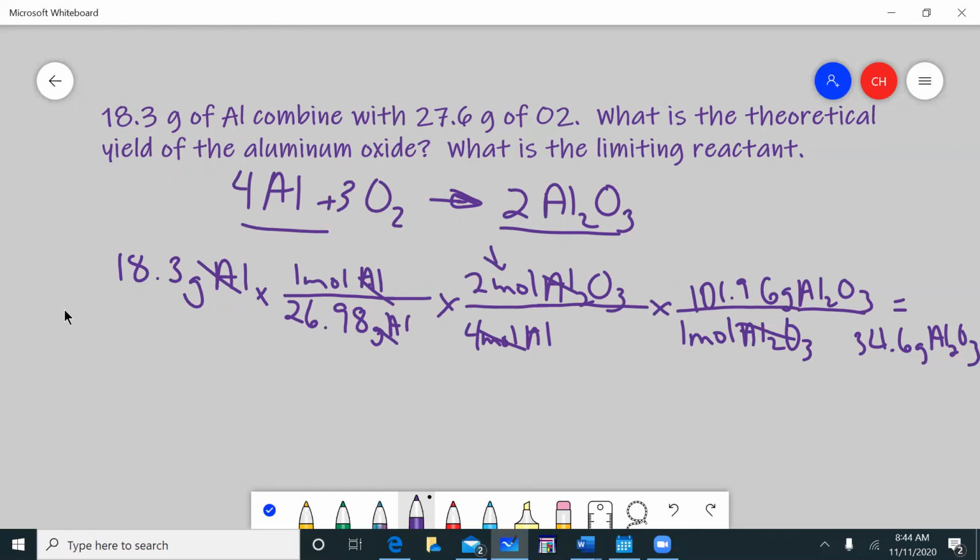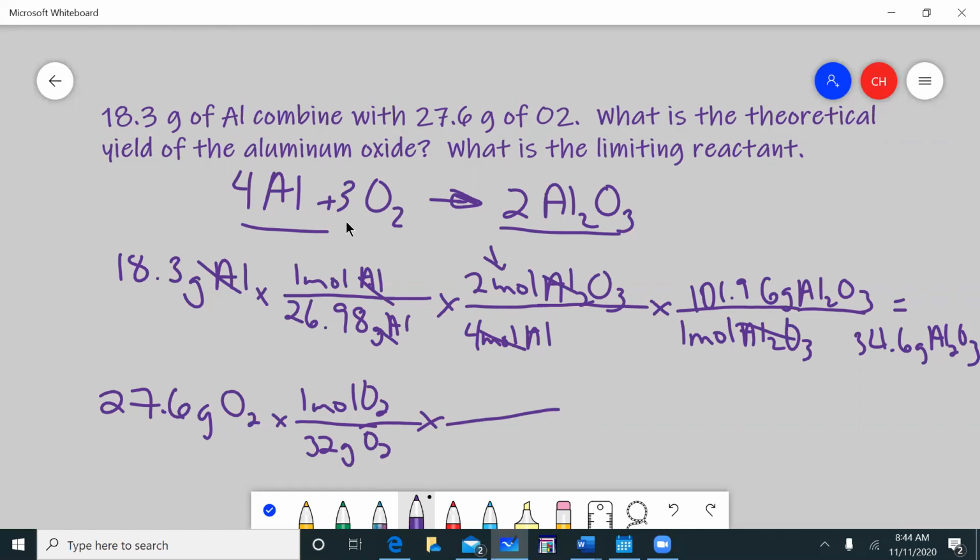You have to run through the same thing, but do it for oxygen. So 27.6 grams of O2. For every 1 mole of O2, we weigh 32 grams. Why? Because it's a diatomic. Treat it as a molecule. We're going to go from oxygen into our product now. So 3 moles of O2 are going to yield 2 moles of the Al2O3.